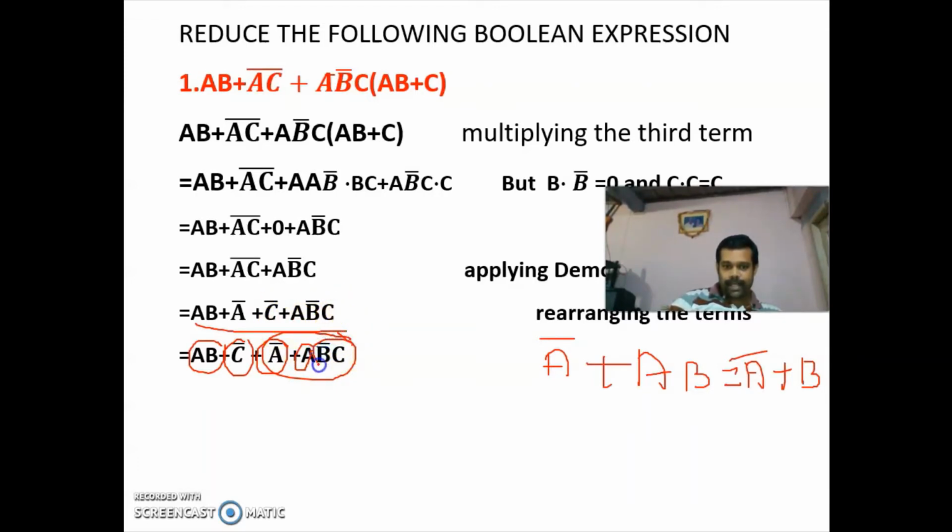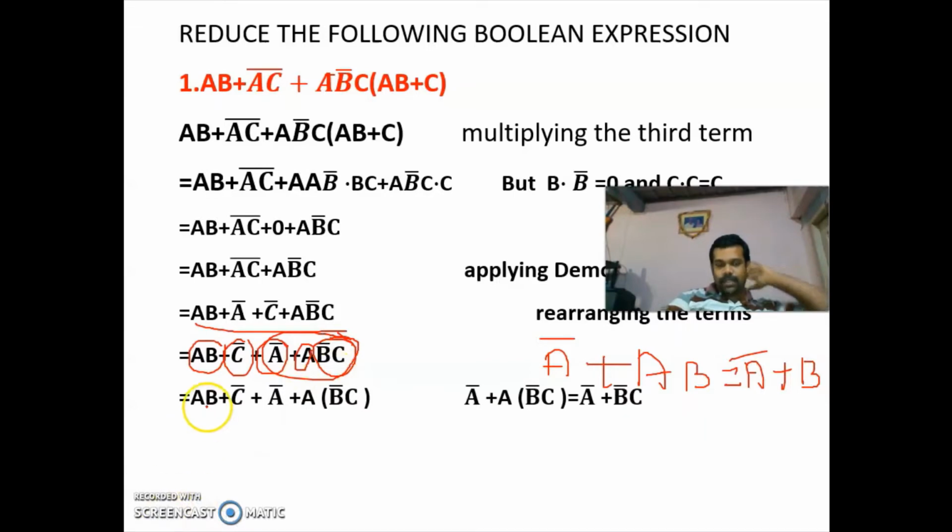This BC combined together you have to take as B. So we can write it as AB plus C bar. After rearranging, it is written like C bar plus A bar. This is what we are rearranging. That is A bar plus AB.